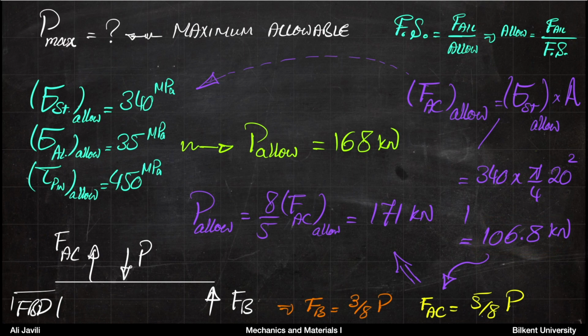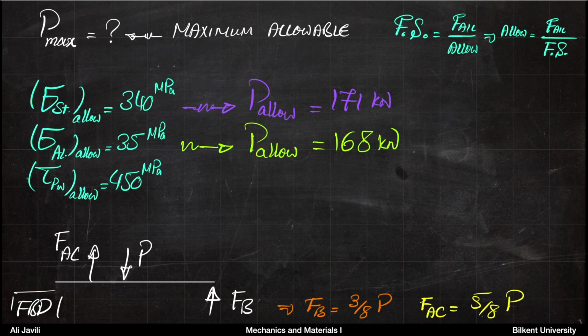That's the maximum force that you can allow for member AC. Now, based on that force, you can calculate what would be the P. And basically, if you do that, you end up with allowable force P to be 171 kilonewton. Okay, so if you look into the member AC, now the allowable force would be 171 kilonewton. So now we know what happens to these two.